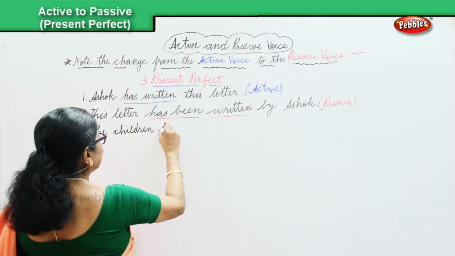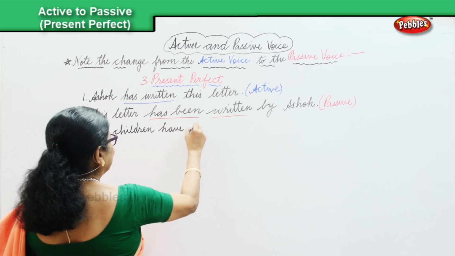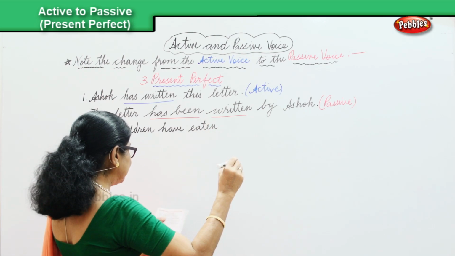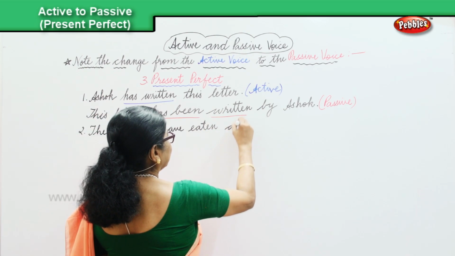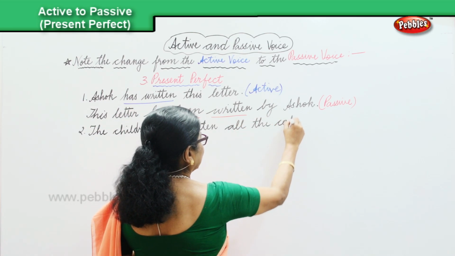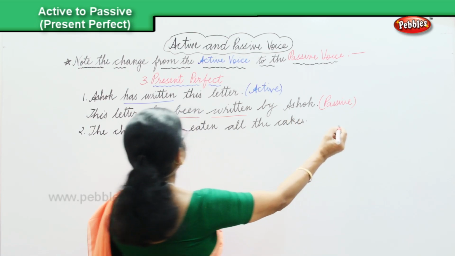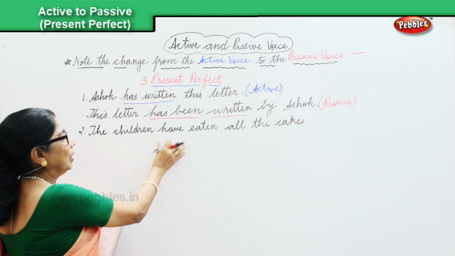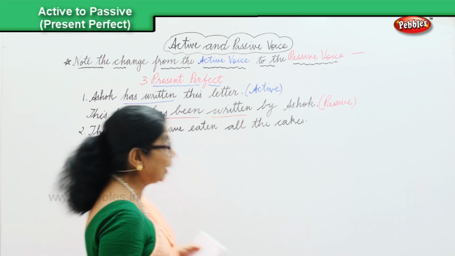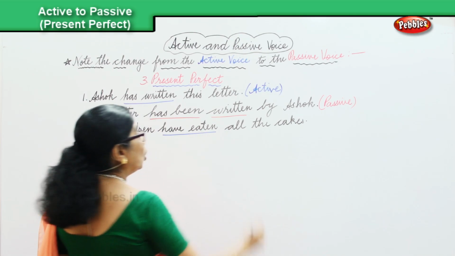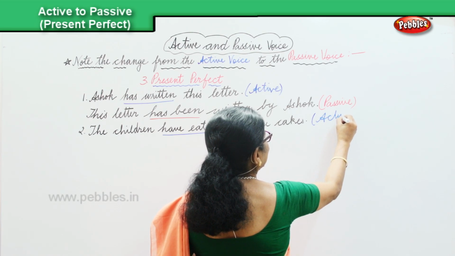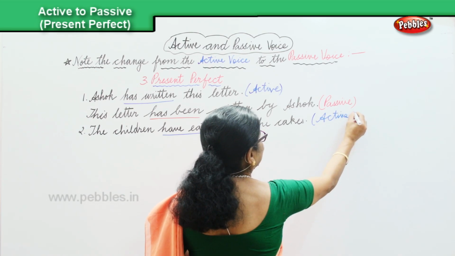The children have eaten all the cakes. What have they done? They have eaten all the cakes. Okay? They have eaten all the cakes, and that's the active in the present perfect tense.